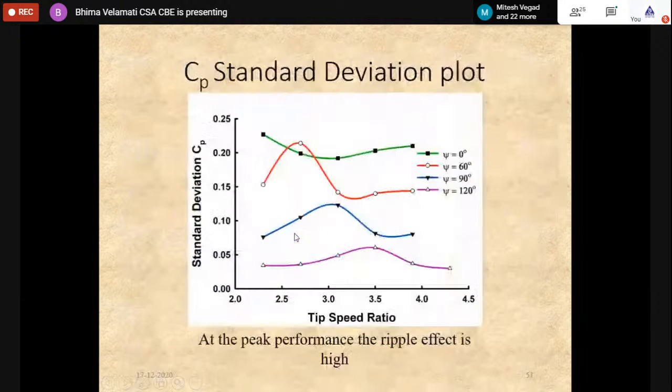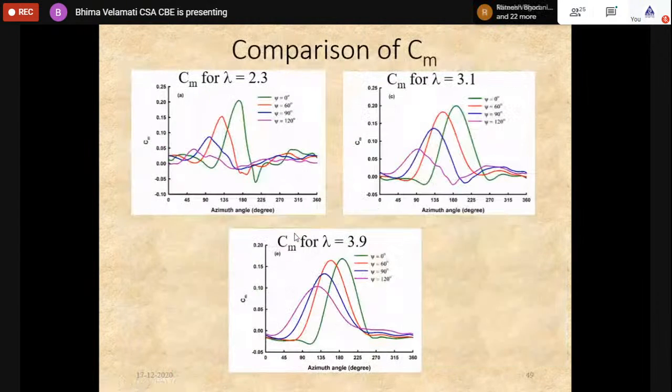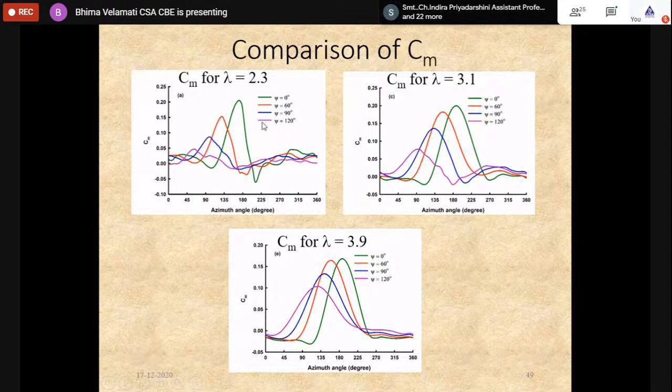I would go back again to look at the CM curve. You can see the vortex interaction is significantly high for 120, which is in, okay, what is this color? Violet. So you can see that vortex interaction for the blade is really, really high for 120.